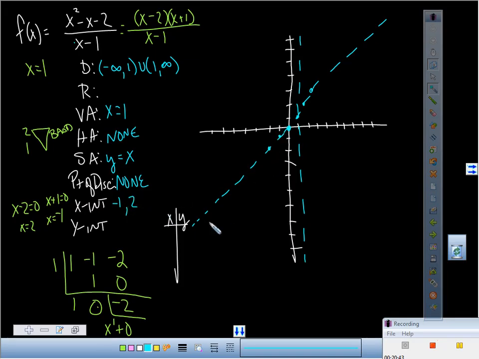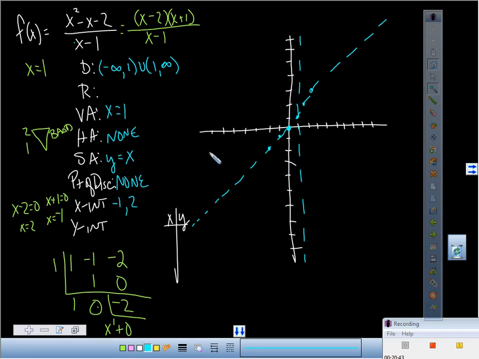Now look at these asymptotes for a second. Let me show you something. When I drew these asymptotes, my brain said, I'm either going to have my curve in these big fat spaces, or I'm going to have my curves in these little skinny spaces.